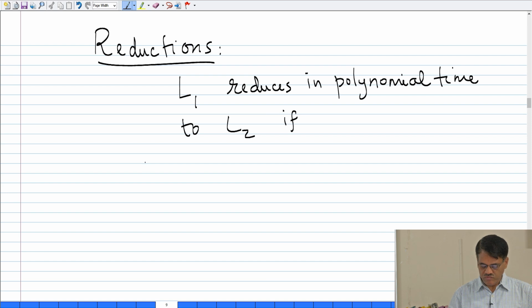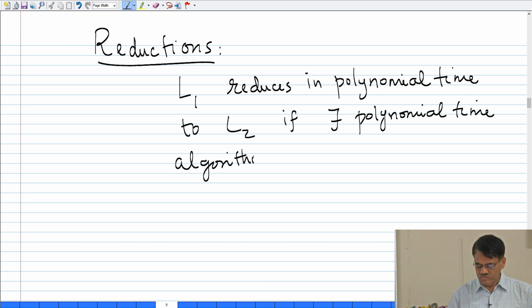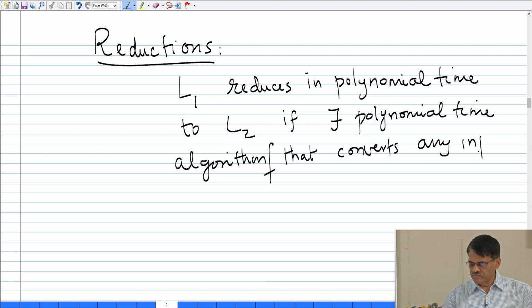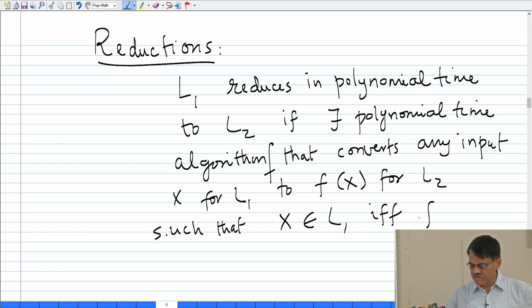If there exists a function, a polynomial time algorithm, let us call this algorithm f, that converts any input x for L1 to f of x for L2 such that x is in L1 if and only if f of x is in L2. Okay, so, I did not say things precisely.